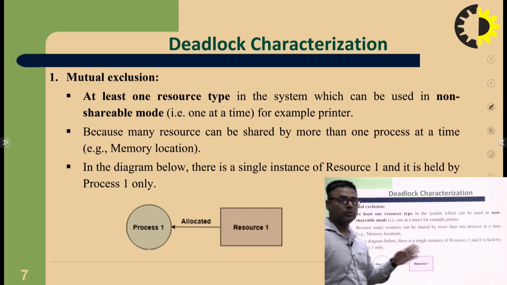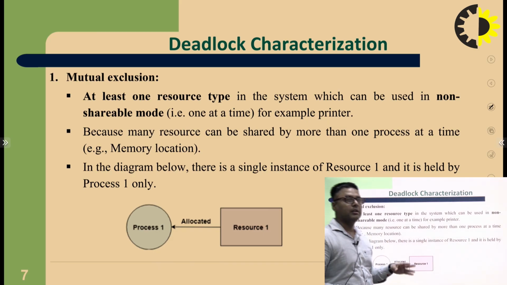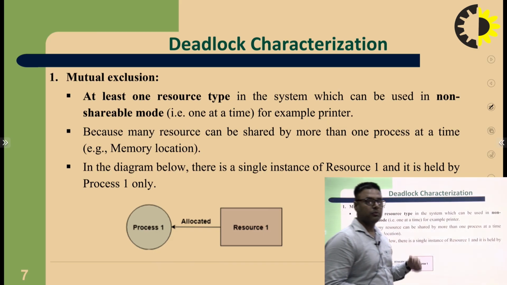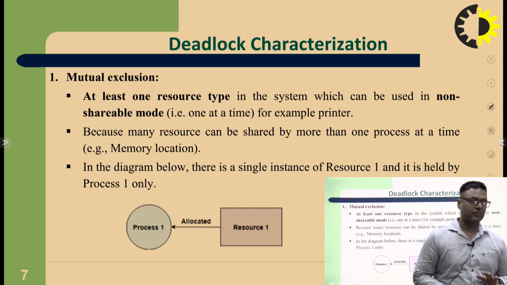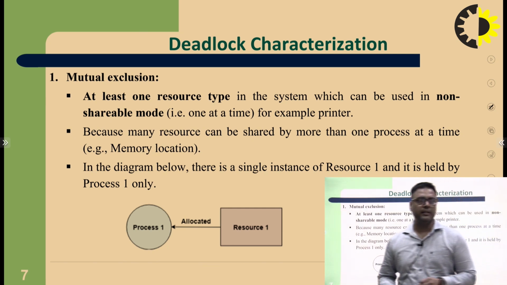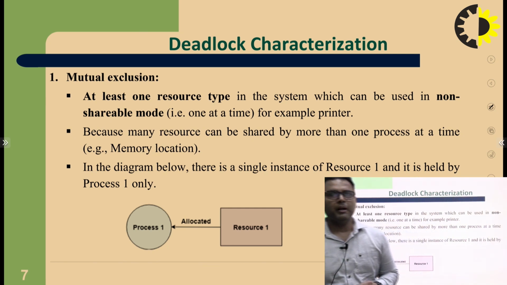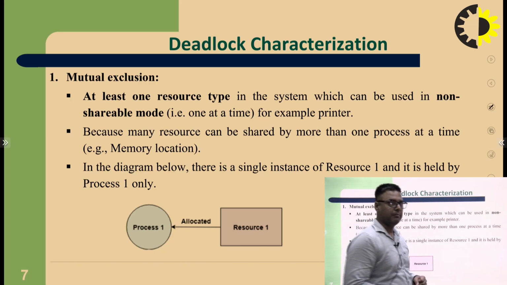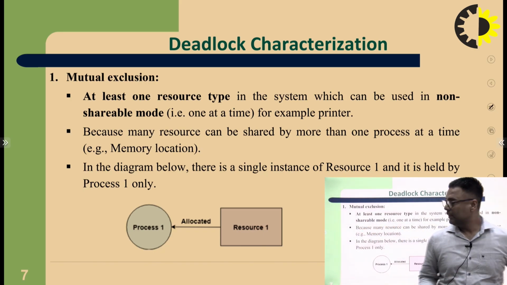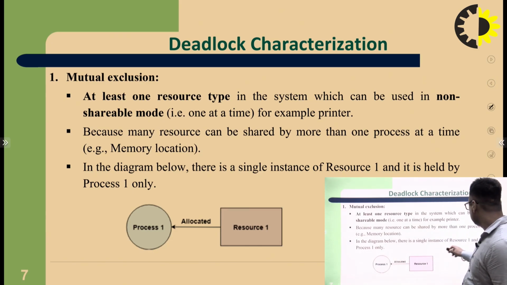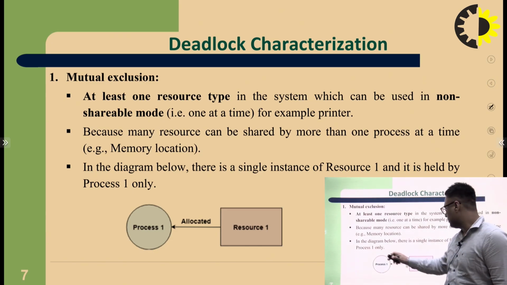At least one resource type in the system must be used in non-shareable mode, that is, one at a time, for example a printer, because many resources, for example memory locations, can be shared by more than one process at a time. In the diagram below, there is a single instance of the resource held by process one at a time.